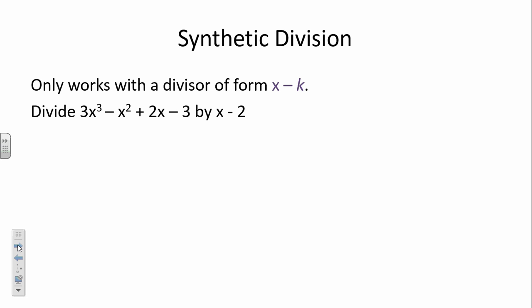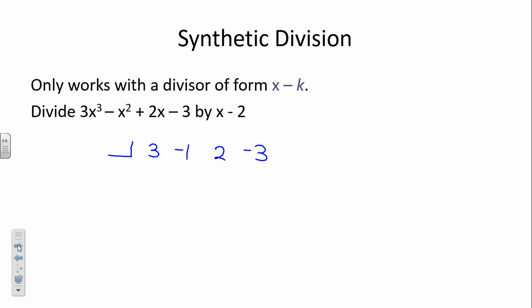And we're going to strip off all of those variables to save ourselves a lot of writing and a lot of space on our notebook and a lot of paper. So first we ask ourselves, are there any missing powers of x? No, so we don't have to hold any places. So all we do is strip the coefficients off. We say 3, negative 1, 2, negative 3. And we put a little box over here.